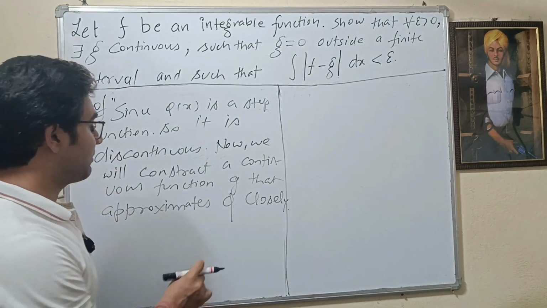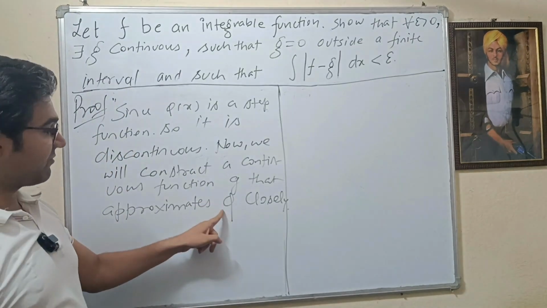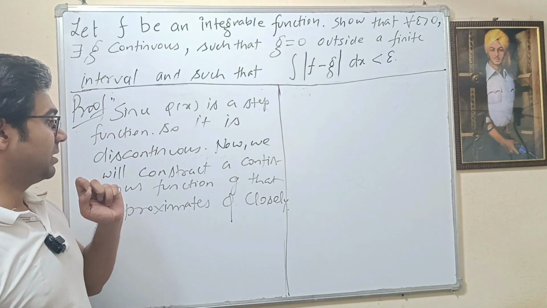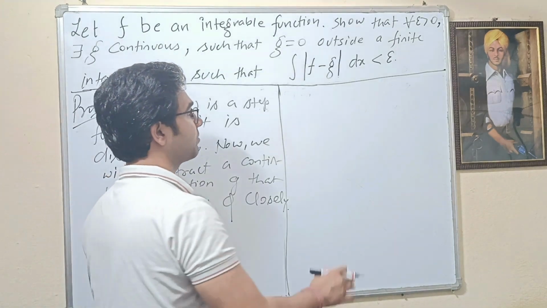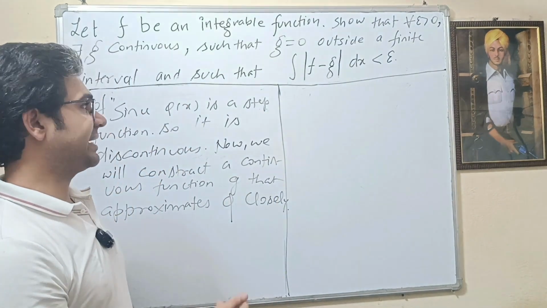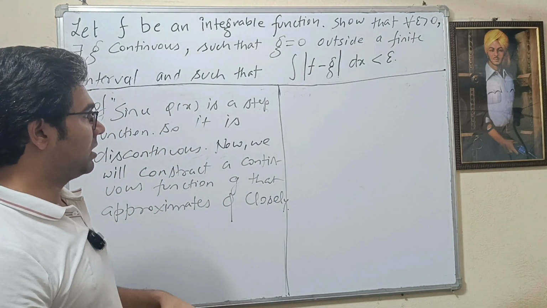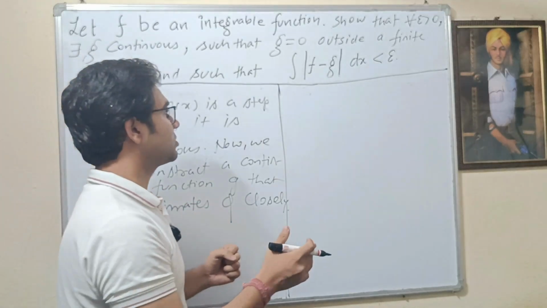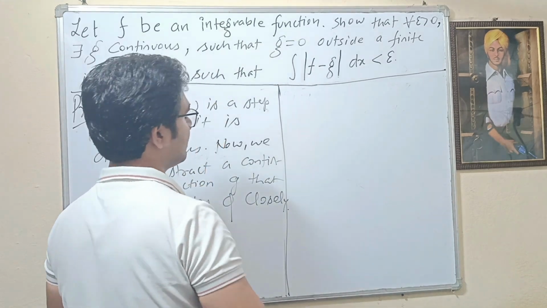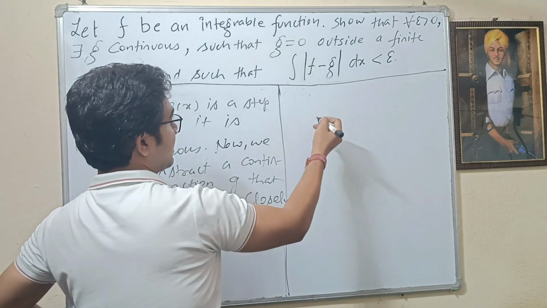We will approximate this step function phi by g, constructing g with the help of bump functions. Bump functions are like characteristic functions, which means they look exactly the same, but their behaviors on the boundary are different. Let me tell you how they behave differently.